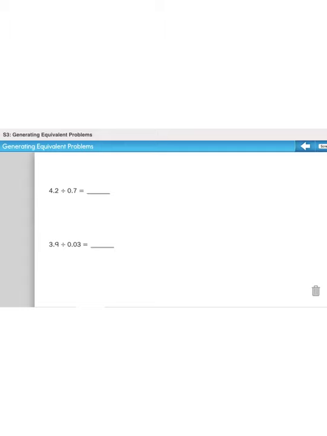Let's look at a few more of these problems. So 4 2/10 divided by 7/10, we can multiply each of these numbers by 10. So 4.2 times 10 will give us 42.